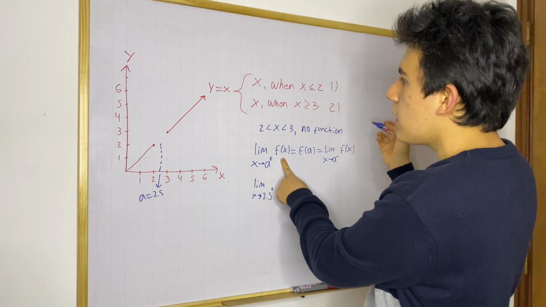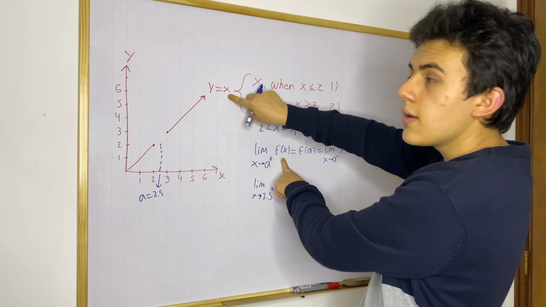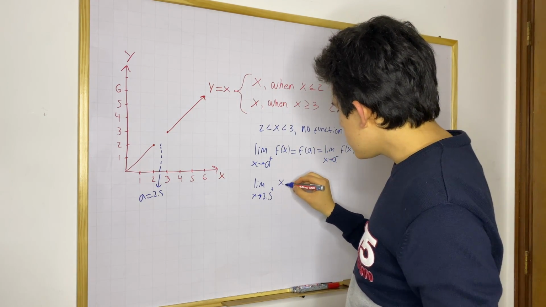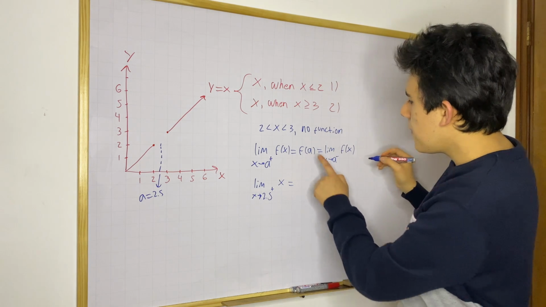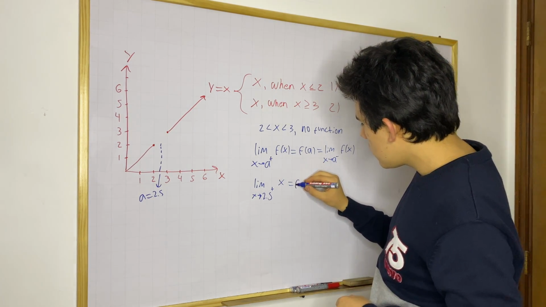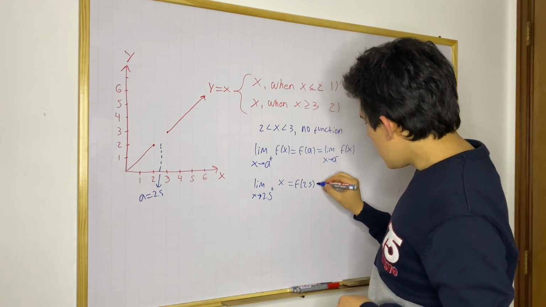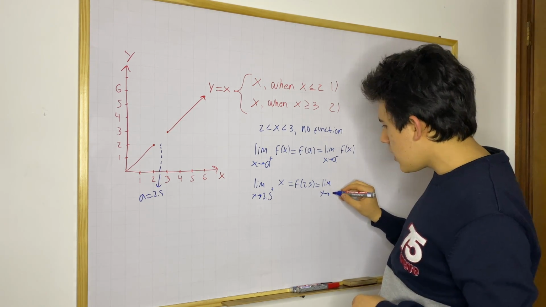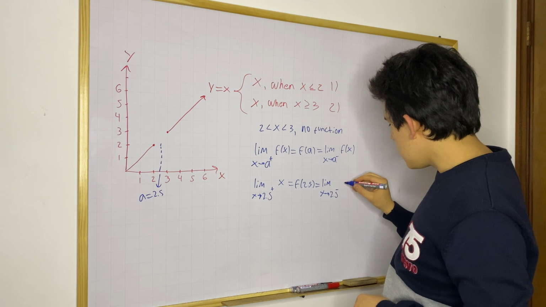How much is f of x? Well, we know it's just simply x, okay? f of x is the same as y. So we have for the function x, and this should be equal to f of 2.5. And it should also be equal to the limit as x approaches 2.5 from the left side, okay, for the function x.